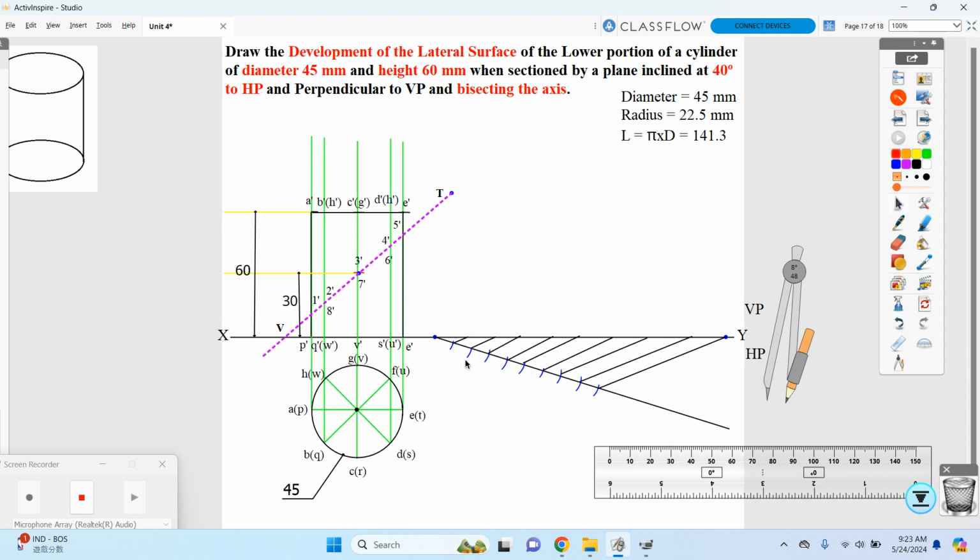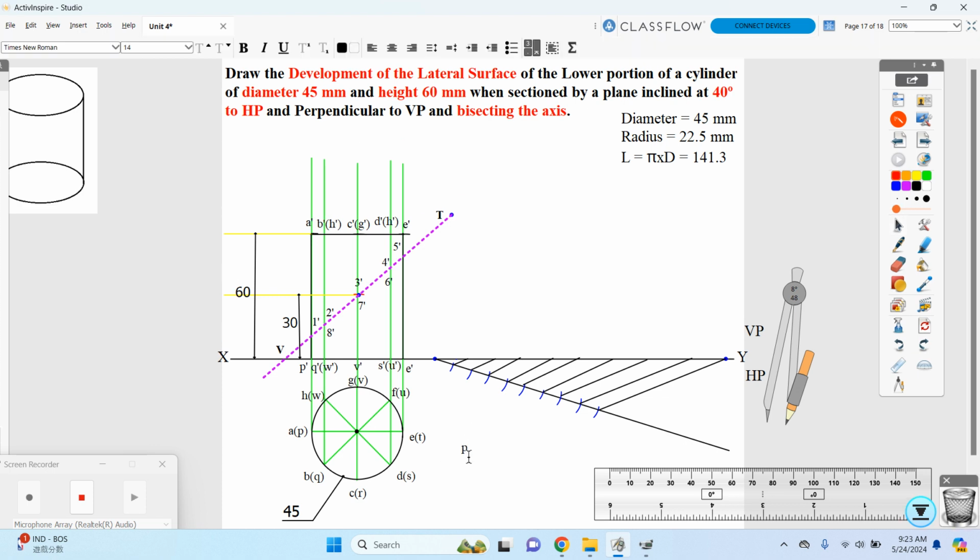So after developing your section of lines, then you want to mark it with dimensions.